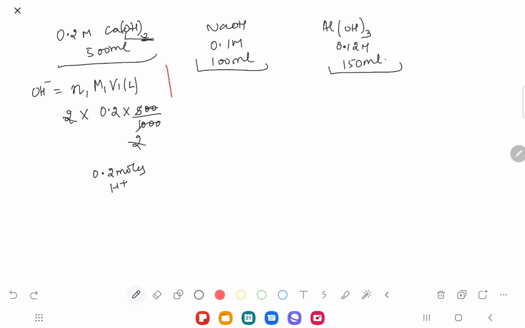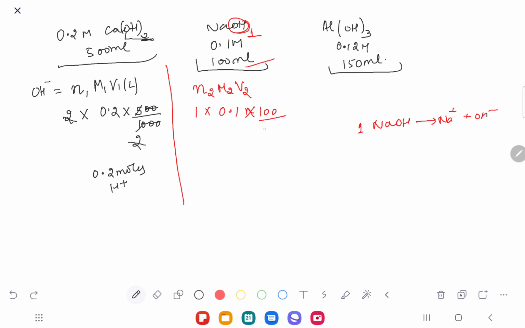For the second one also you do the same thing. It's like N2, M2, V2, volume in liters. Number of moles: NaOH is going to give me 1 OH, so 1 OH ion coming from every molecule, times molarity 0.1 and volume is 100. 100 is in ml, so I have to divide it by 1000.